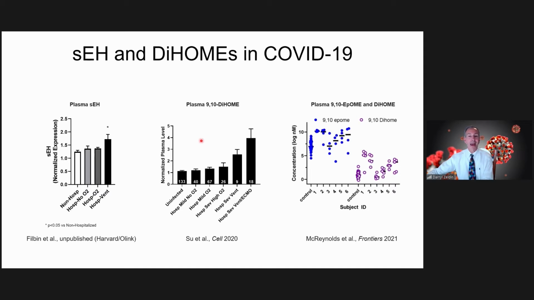Su and coworkers found that plasma levels of 9,10-DiHOME increased with disease severity in hospitalized COVID-19 patients. And in a separate study published earlier this year, both 9,10-EpOME and 9,10-DiHOME were found to be increased in a small cohort of severe COVID-19 patients relative to control patients without COVID.